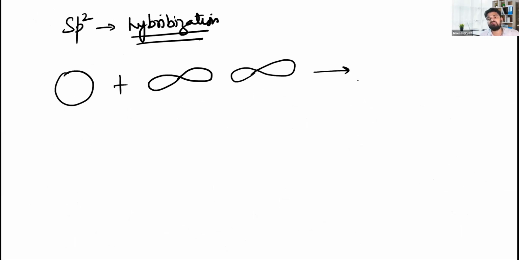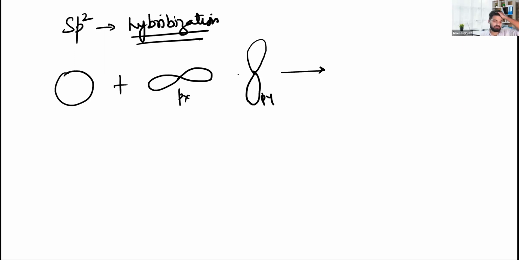So how many new orbitals will be formed? They are not of the same symmetry, so one is in x and the other in y. This is px, this is py. They are intermixing together, and how many new hybrid orbitals will be formed?